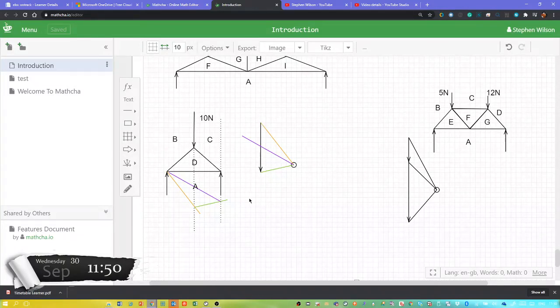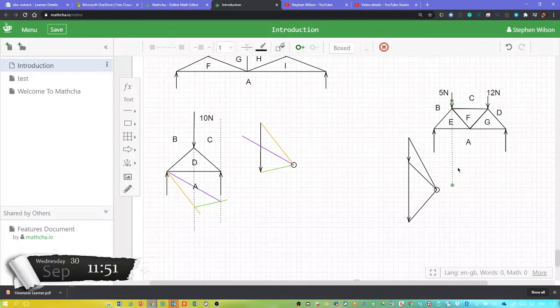That is how we graphically find our reaction forces. Let me just show you what that looks like for the slightly more complicated example. Then I'll stop this one, and we'll continue to delve into this in the next screencast. Bite-sized chunks and all that.